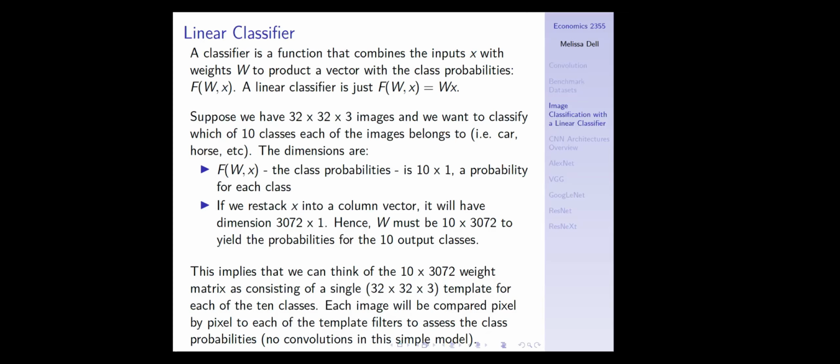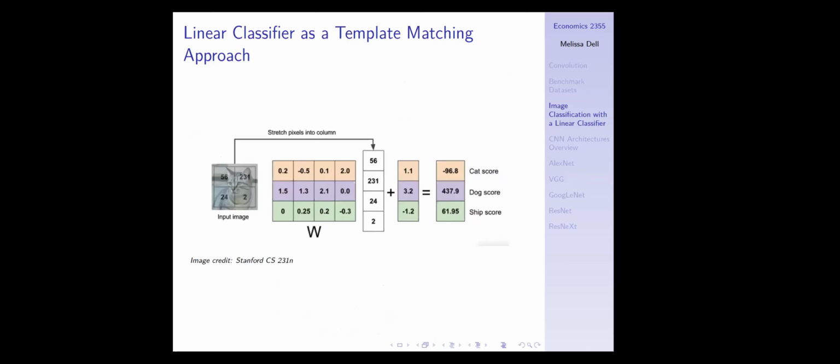And this implies that, if you think about the linear algebra behind this, we can think of that 10 by 3072 weight matrix as consisting of a single template for each of the 10 classes. So essentially what happens with the linear classifier is each image will be compared pixel by pixel to each of the templates to assess the class probabilities. There are no convolutions in this simple model yet. We're just seeing what a simple linear classifier would do.